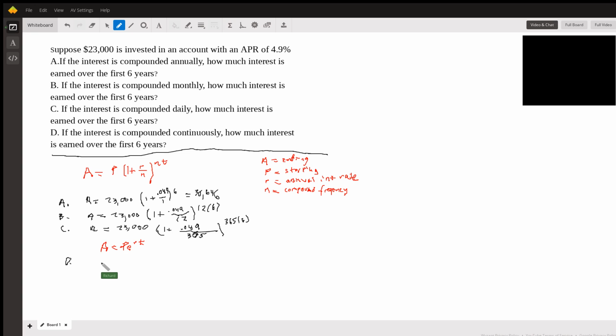Anyway, here we go. We'll just plug in here. A is going to be the principal, 23,000, then e to the 0.049 times 6. Maybe I'll just calculate this one because you can't compound any faster than this.